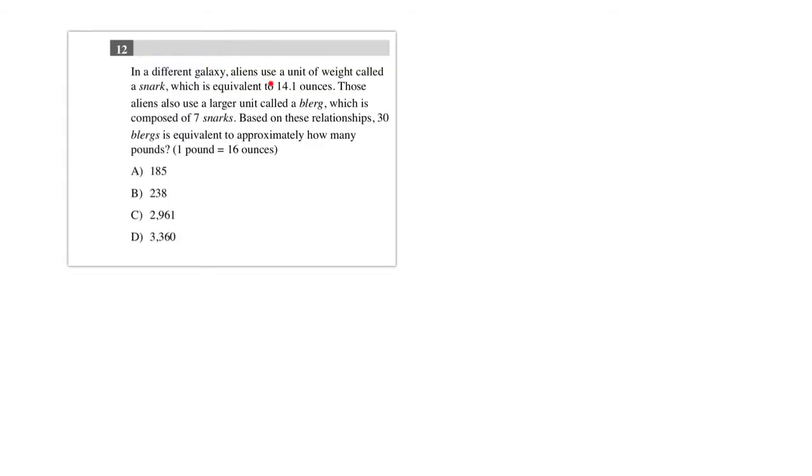In a different galaxy, aliens use a unit of weight called a snark, which is equivalent to 14.1 ounces. Those aliens also use a larger unit called a blurg, which is composed of 7 of those. Based on these relationships, 30 blurgs is equivalent to approximately how many pounds?